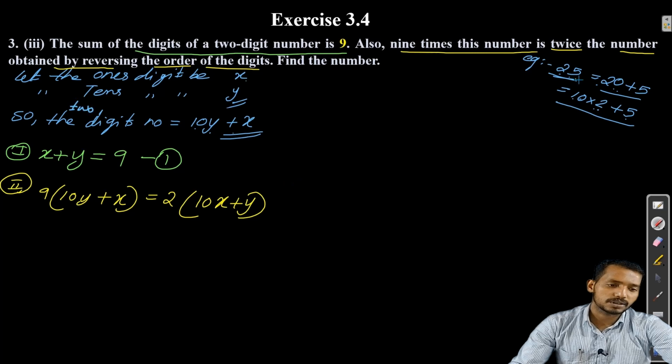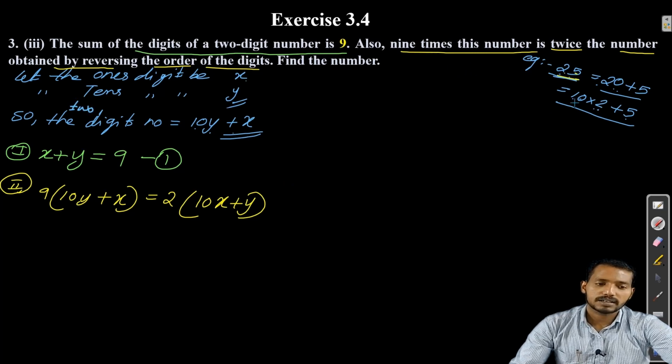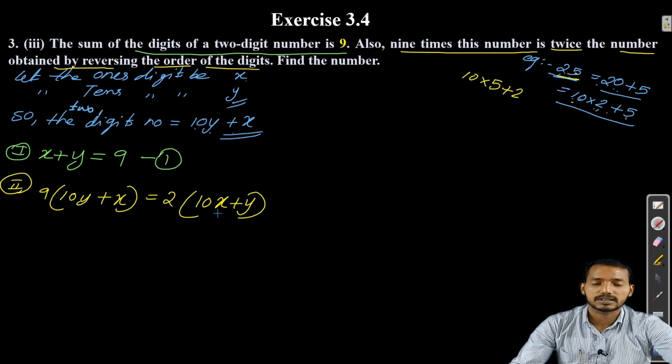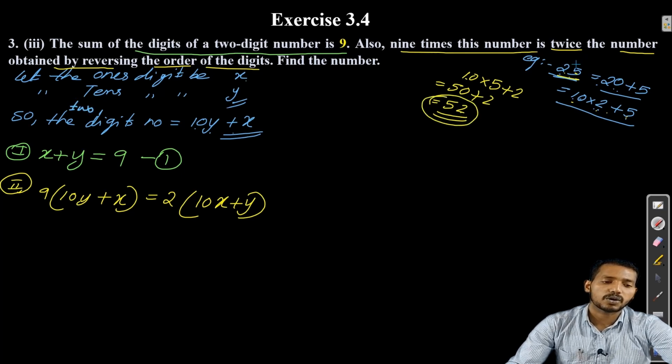For example, 25 I write as 10 into 2 plus 5. When reversing, I write it as 10 into 5 plus 2. That is, 10y plus x is written as 10x plus y. 10 into 5 is 50, plus 2, which is equal to 52. So 52 is the number obtained by reversing the order of digits.